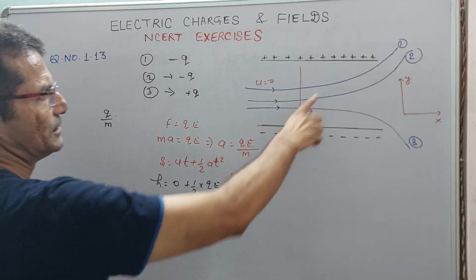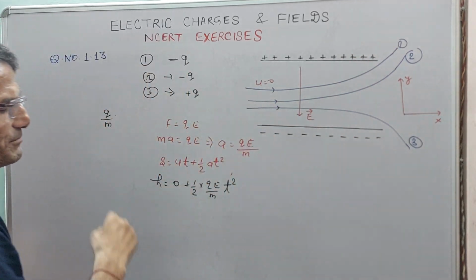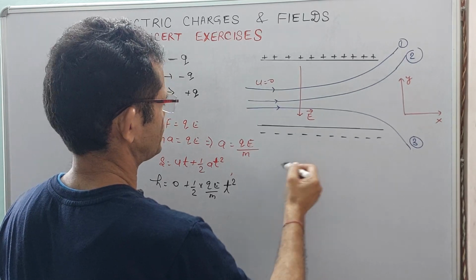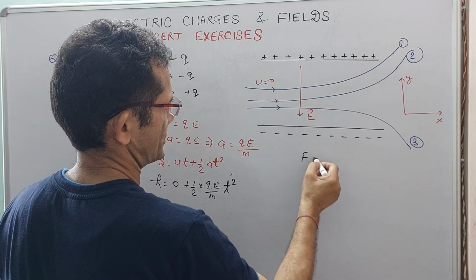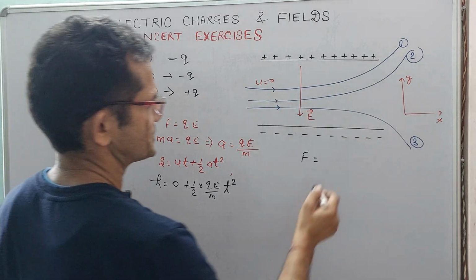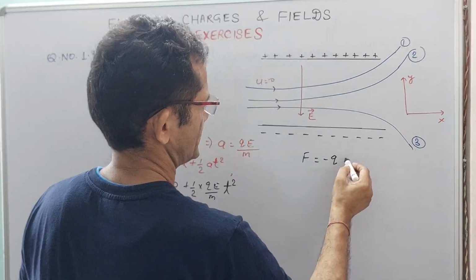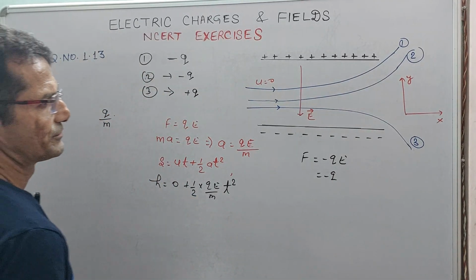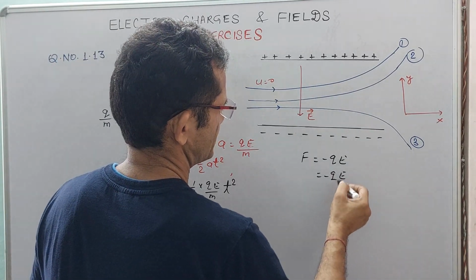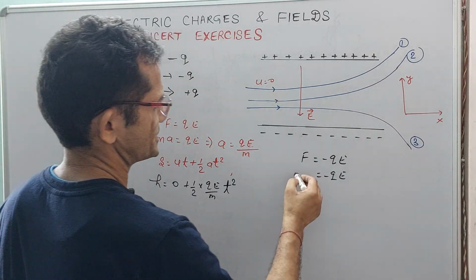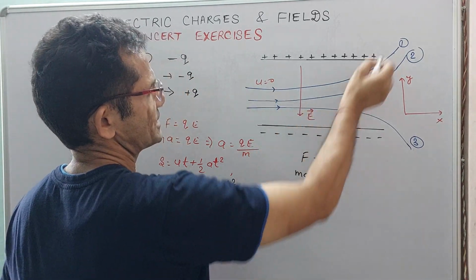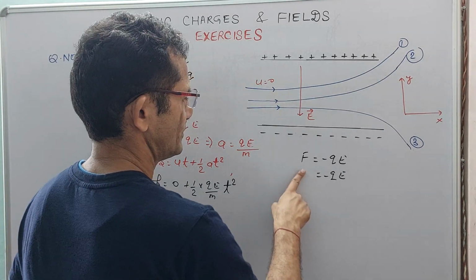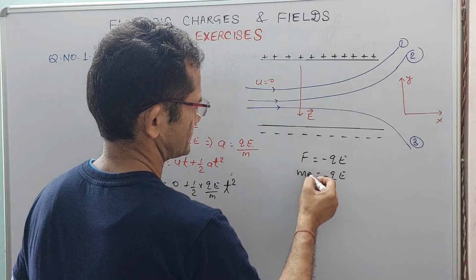So here on numbers 1 and 2 the acceleration will be upward, because in that case the force will be F is equal to minus Q times E. The force will be in the upward direction, definitely the acceleration also upward, and the particle deflects upward.